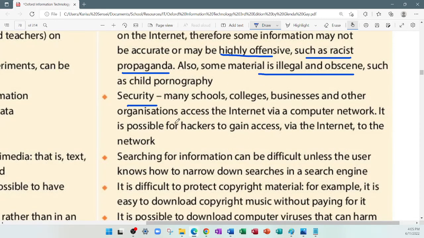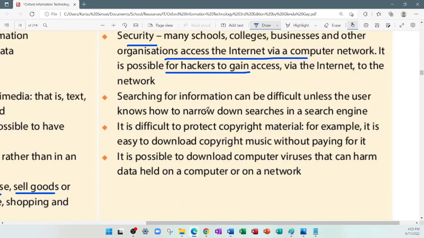Security. Everything is being accessed over the internet, so hackers can use the internet to hack the computers, basically. Searching for information is difficult because if you don't know what you're searching for, or if you don't know how to use a search engine, it is going to be difficult. Materials on the internet are copyrighted. Music, videos, and so on, they're copyrighted.